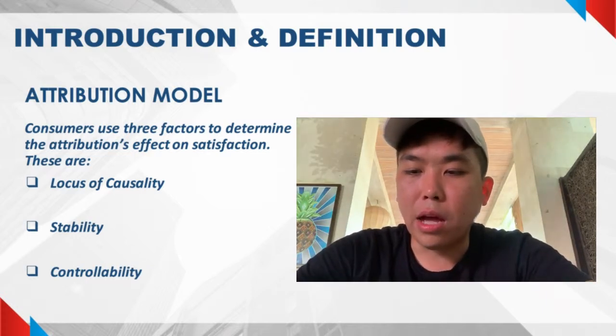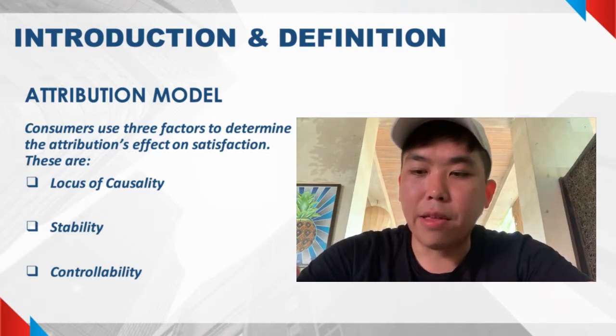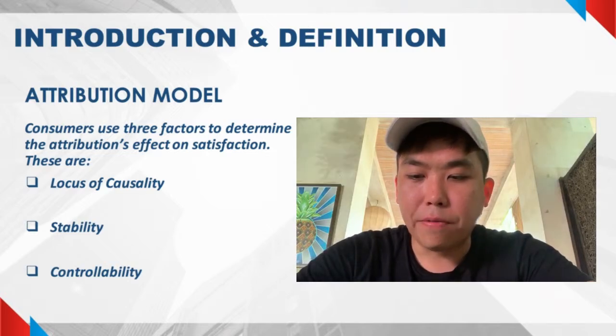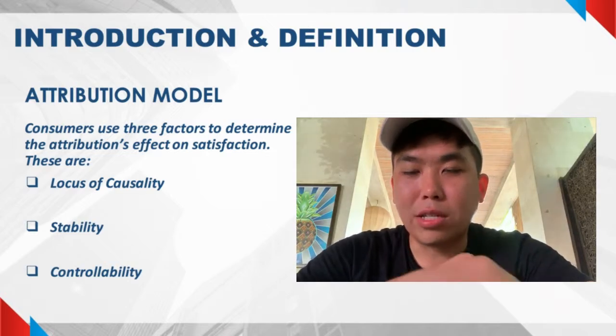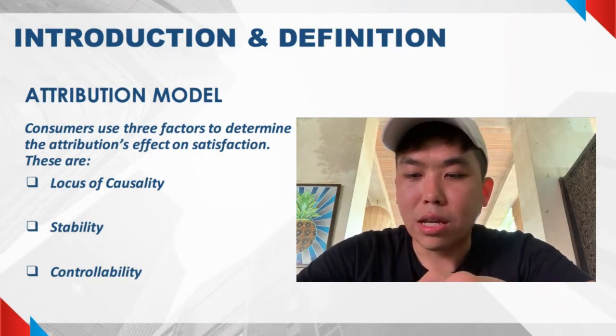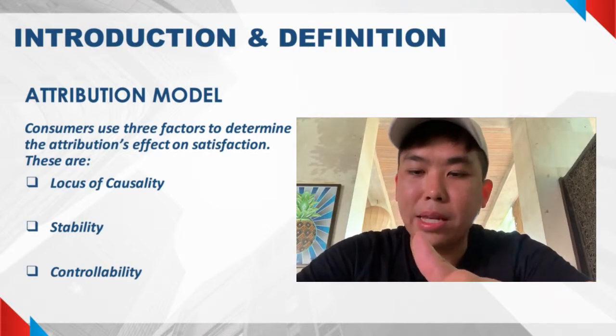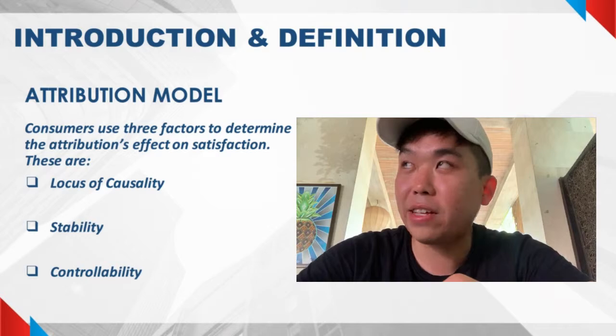Secondly, we have to look at if this thing is something which is reoccurring, the frequency of happening, or in terms of attribution theory is called stability. So as we know, toxic spillage is very constantly happening in Malaysia, and this kind of stability adds onto the dissatisfaction.